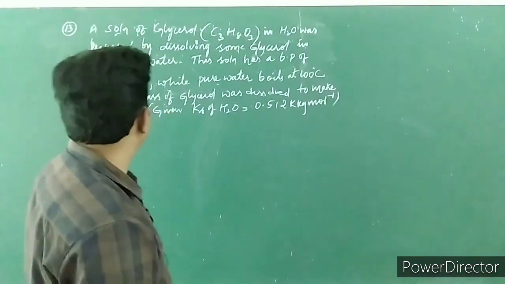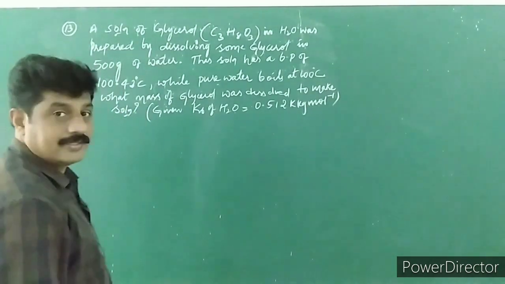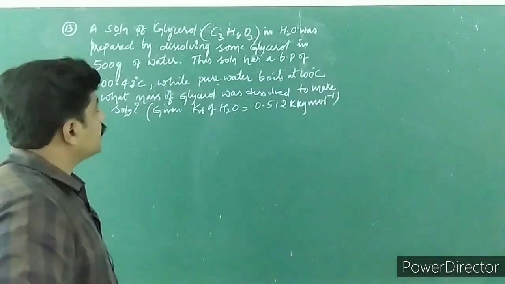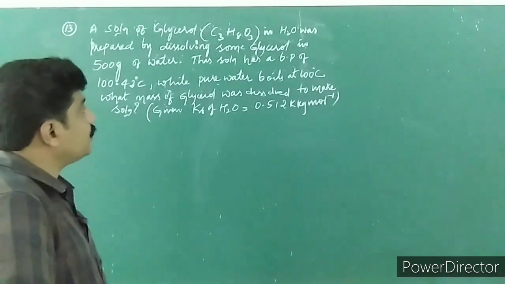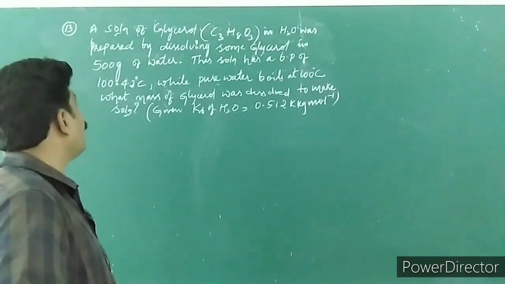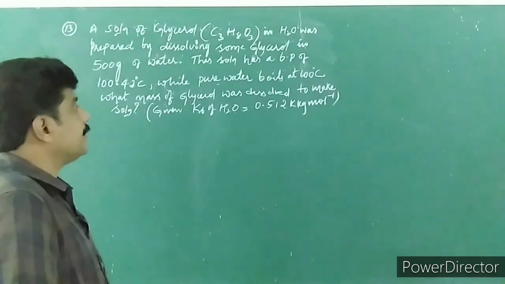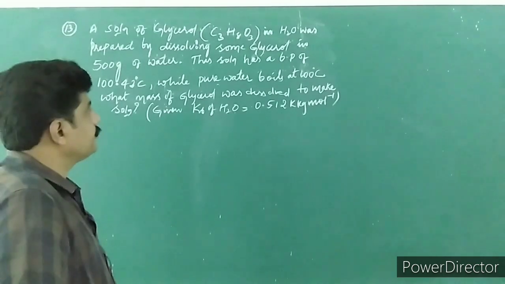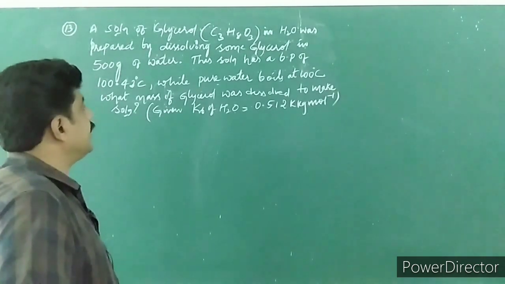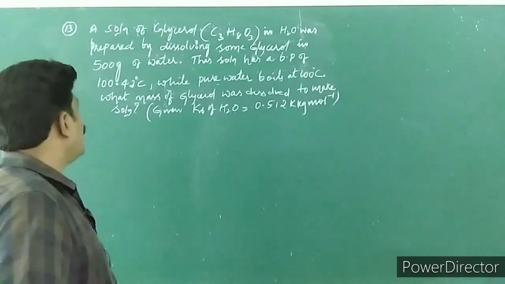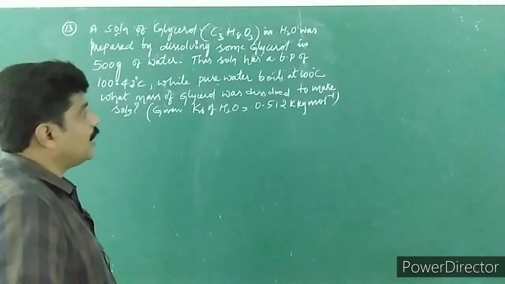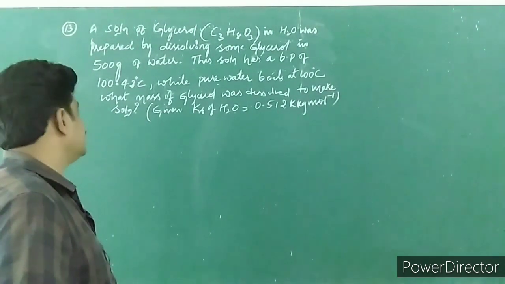Let me go for the next numerical. A solution of glycerol with the molecular formula C3H8O3 in water was prepared by dissolving some glycerol in 500 grams of water. This solution has a boiling point of 100.42 degrees Celsius while pure water boils at 100 degrees Celsius.